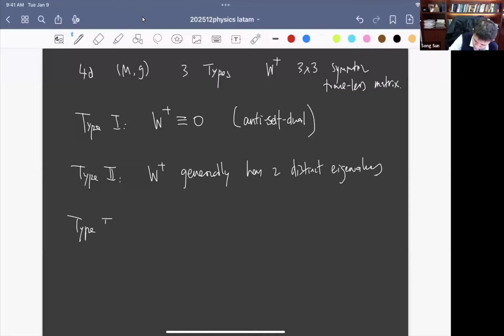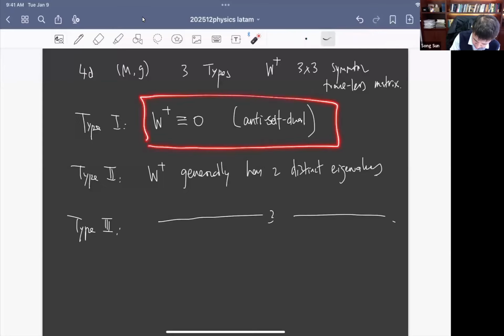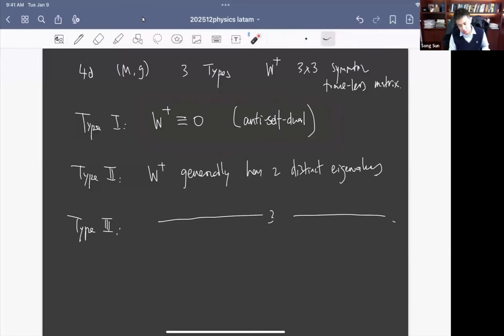Type 3 means that it generically has three distinct eigenvalues. So today I think we will explain more about this anti-self-dual condition. It is a conformal invariant condition.